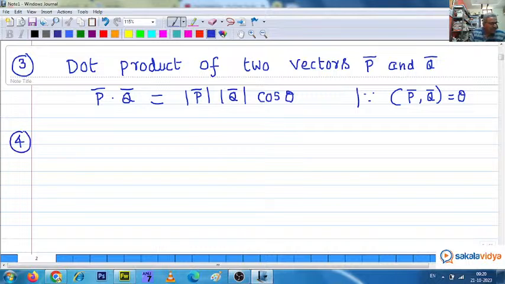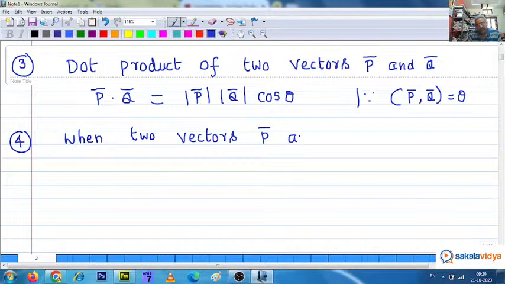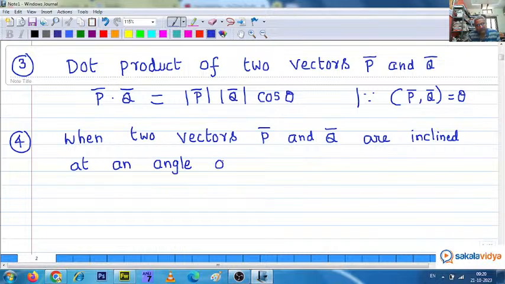The next concept: when two vectors P bar and Q bar are inclined at an angle of theta.